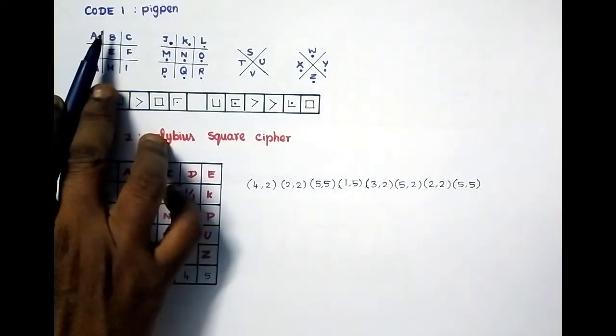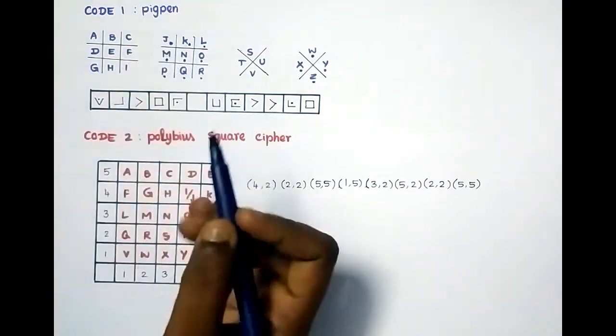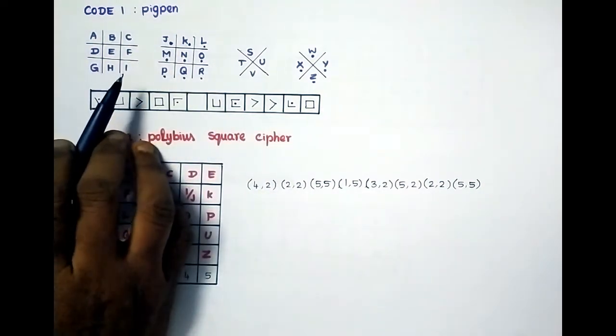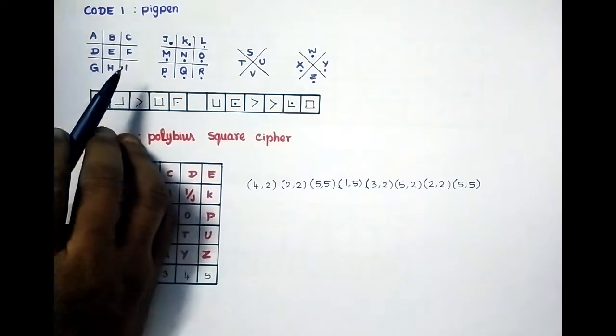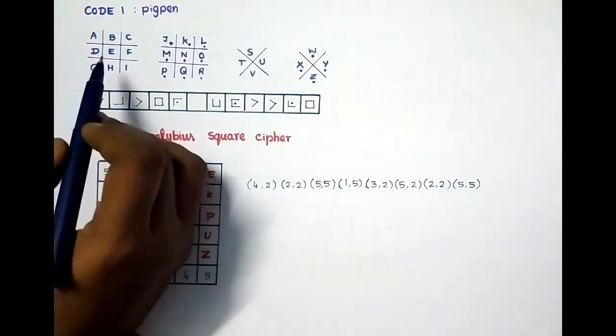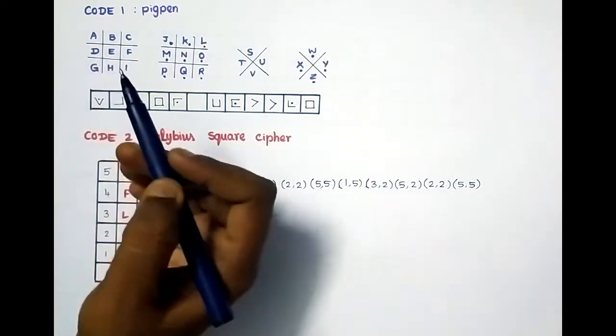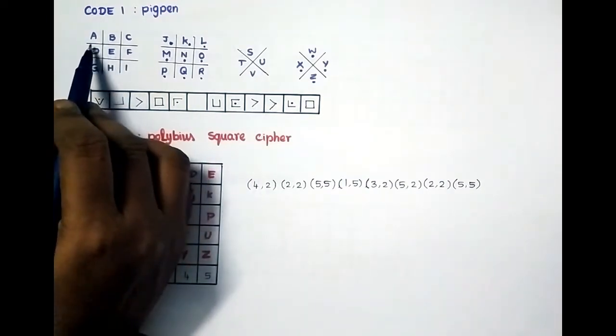Next one, code 1, pigpen. This pattern is pigpen. Listen, they have given a shape for each letter.